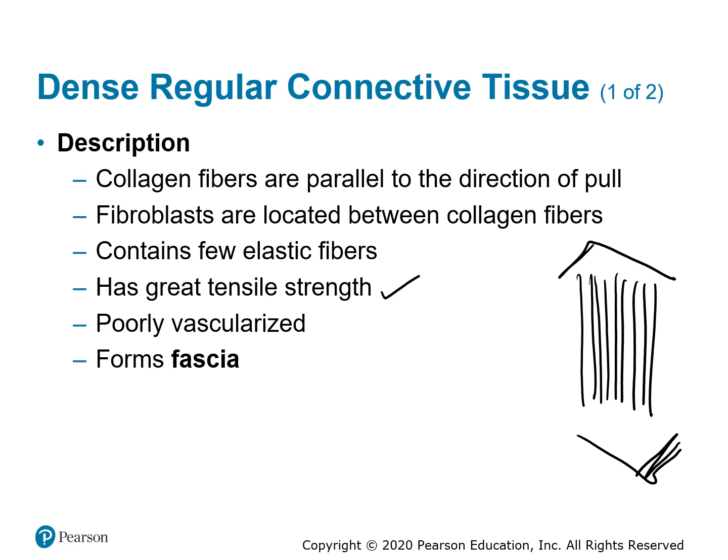So if you rip some of your dense regular connective tissue, it's going to take a lot longer to heal. It has a few elastic fibers here and there, but it's mainly collagen fibers and fibroblasts.